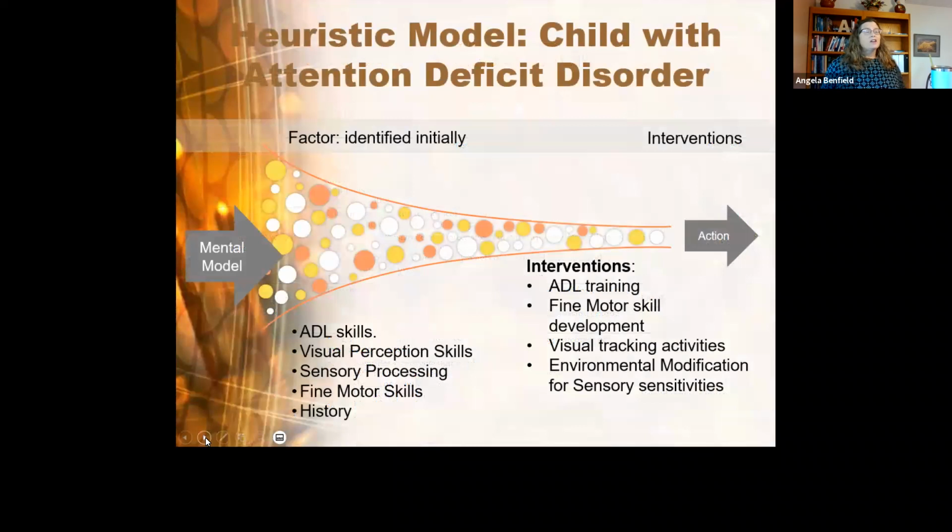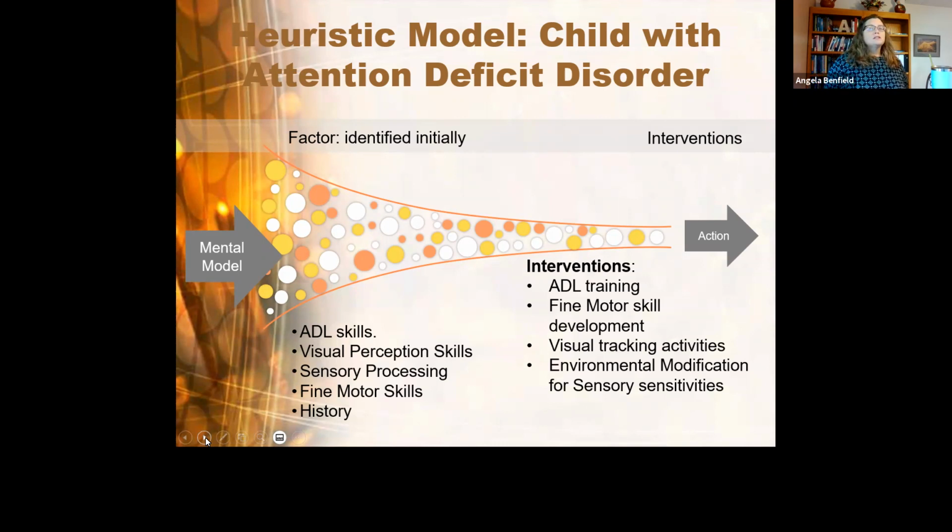So here's an example from a group of experienced occupational therapists who were working with children diagnosed with attention deficit disorder. When they were initially asked to reflect on and identify what are the factors they typically think about when they receive a referral, these were the variables that they identified spontaneously: ADL skills, visual perceptual, sensory processing, fine motor, and history.